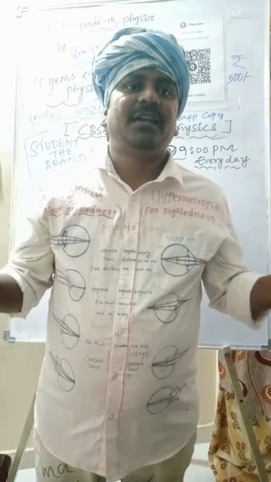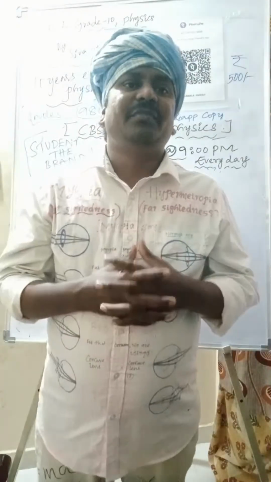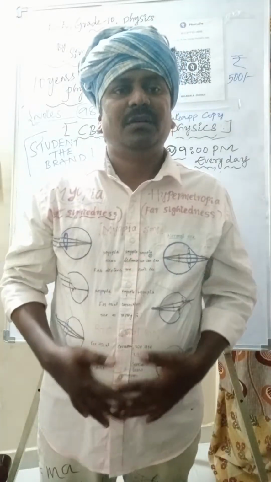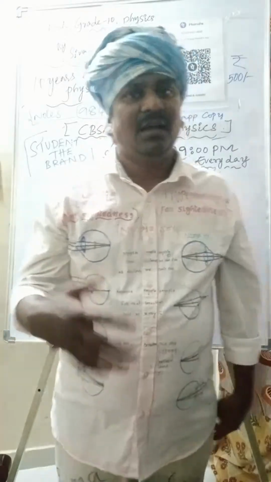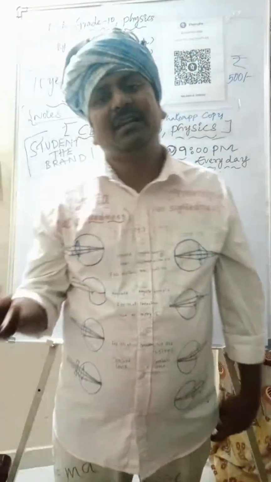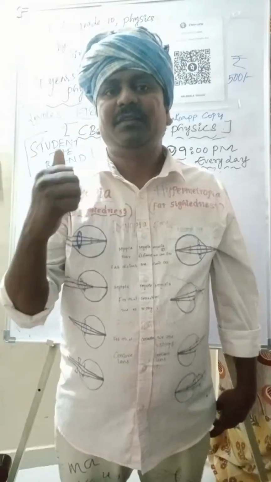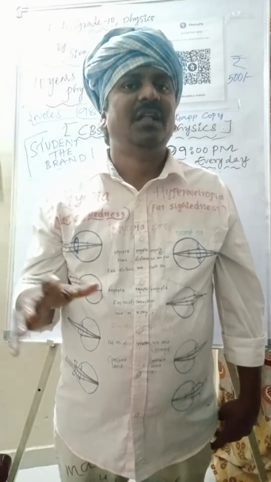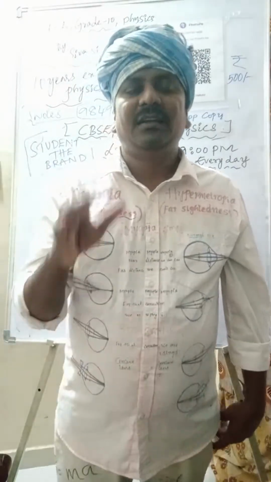Now we are working on magnetic effects of electric current. I started the course CBSE Grade 10 Physics: light reflection and refraction, human eye and colourful world, magnetic effects of electric current, and the electricity chapter.